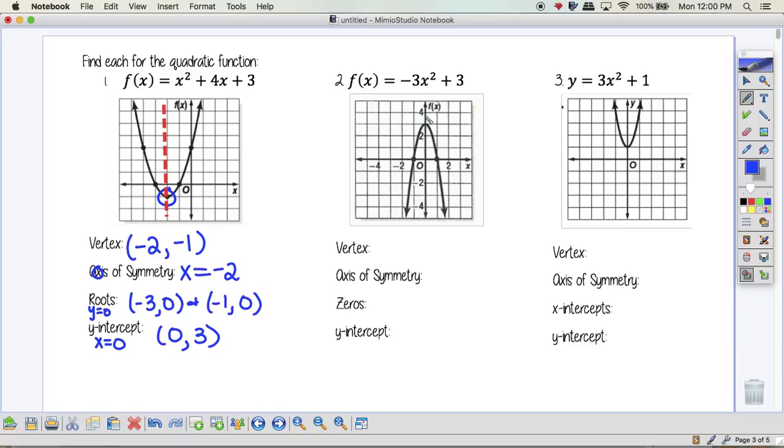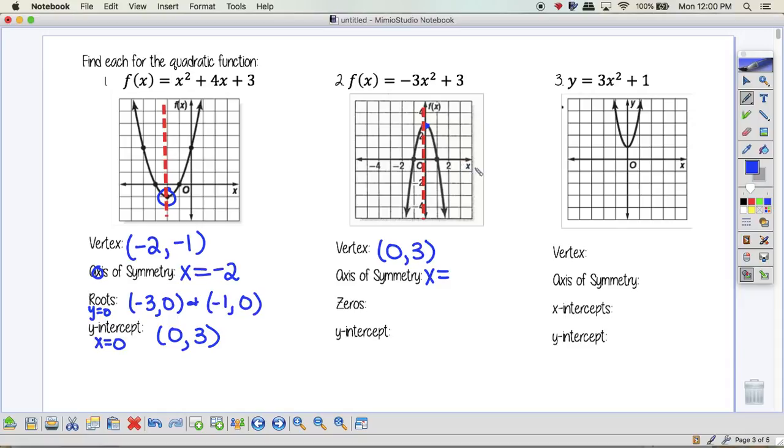Okay, number 2, the vertex is going to be this point. In this case, it's a maximum. What is the ordered pair to get to that point? That is the ordered pair 0, 3. The axis of symmetry needs to be a vertical line that cuts the graph in half. This is my axis of symmetry. Axis of symmetry will always have x equals because it is a vertical line.